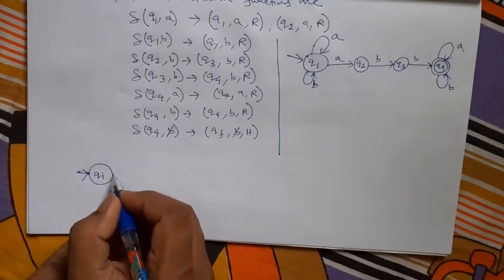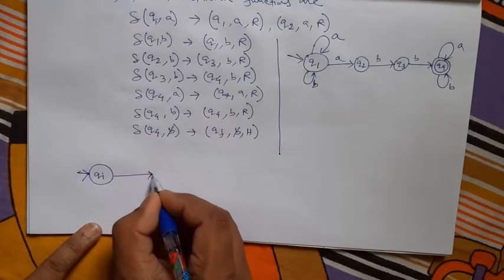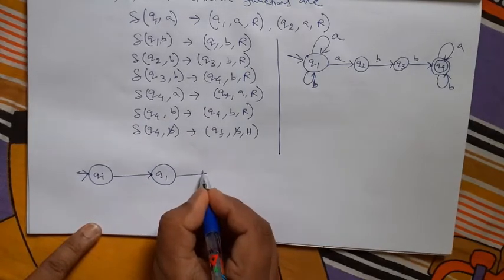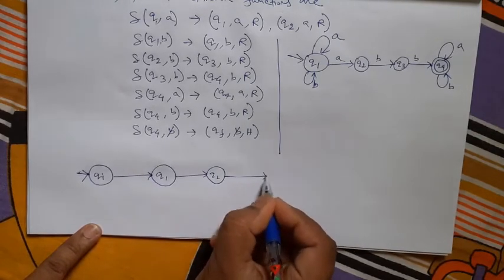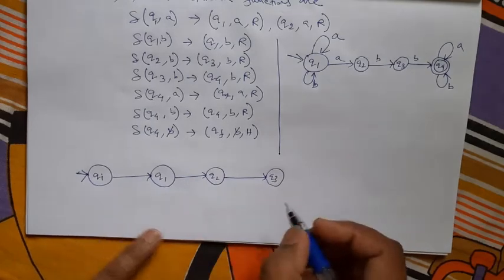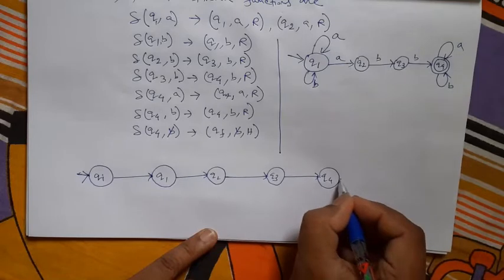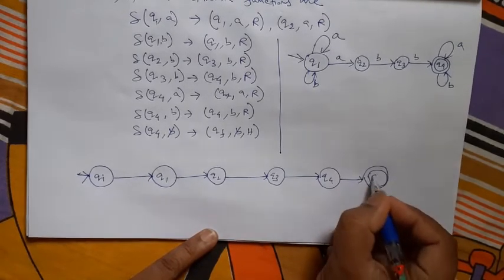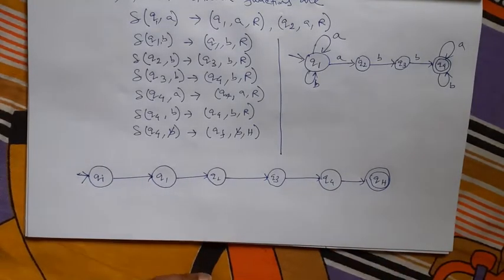There will be the initial state, then q1, q2, q3, q4, and the halt state.